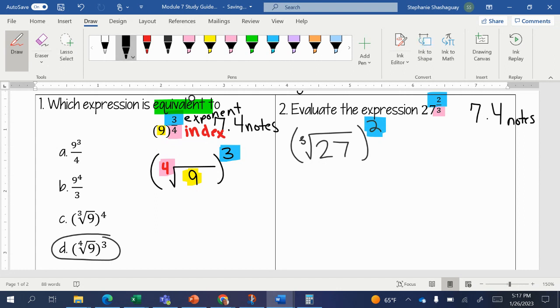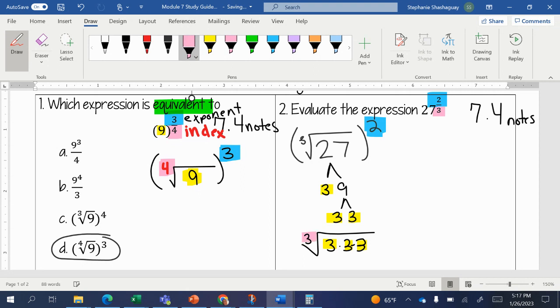Well, if you don't remember your cube roots, we can use our factor trees. So 27 is 3 and 9. 9 is 3 and 3. So I could rewrite the cube root of 27 as 3 times 3 times 3. Okay, because I have 1, 2, 3 3s under my radical.